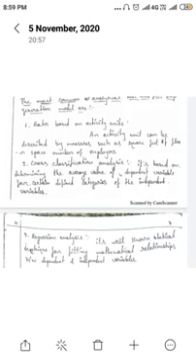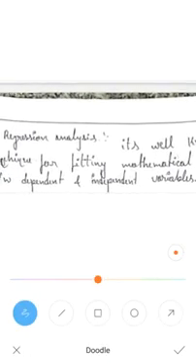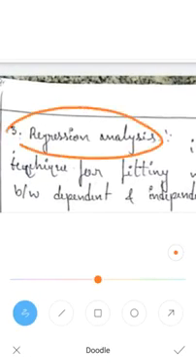Next, the third one is regression analysis. What is regression analysis? It is a well-known statistical technique that fits a mathematical relationship between the dependent and the independent variables.